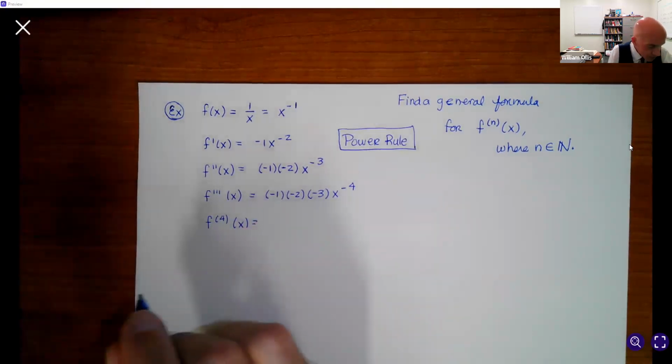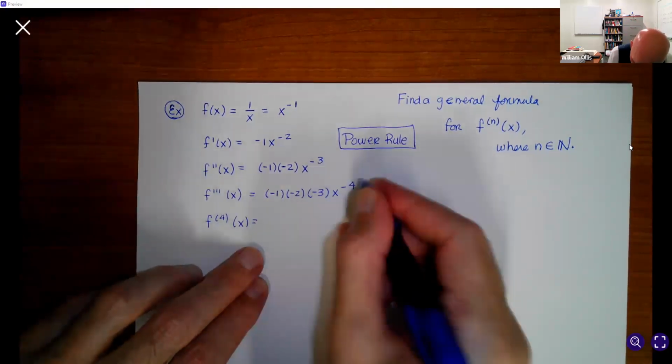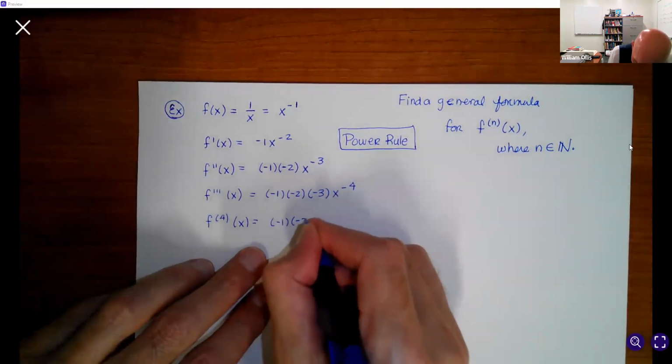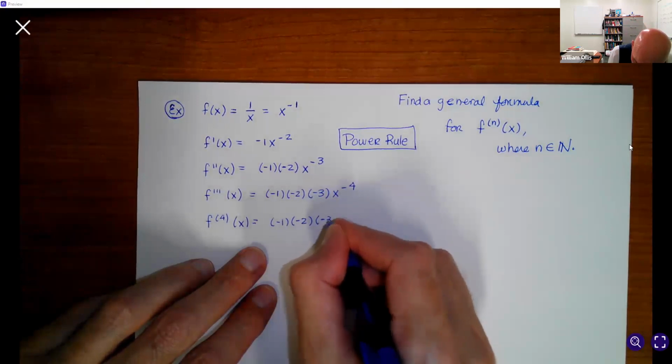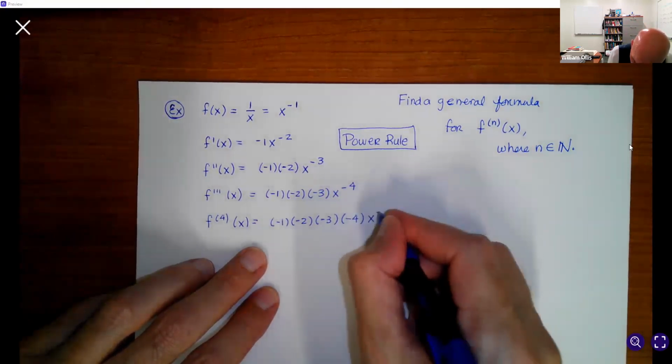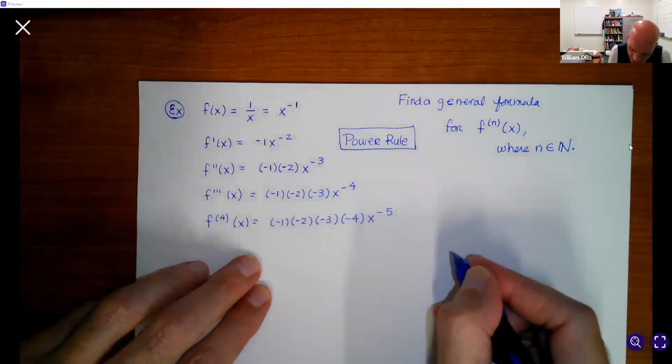Now what you're going to notice here is we're developing a factorial. So we have -1, -2, -3, -4, x to the -5. And this just keeps going.